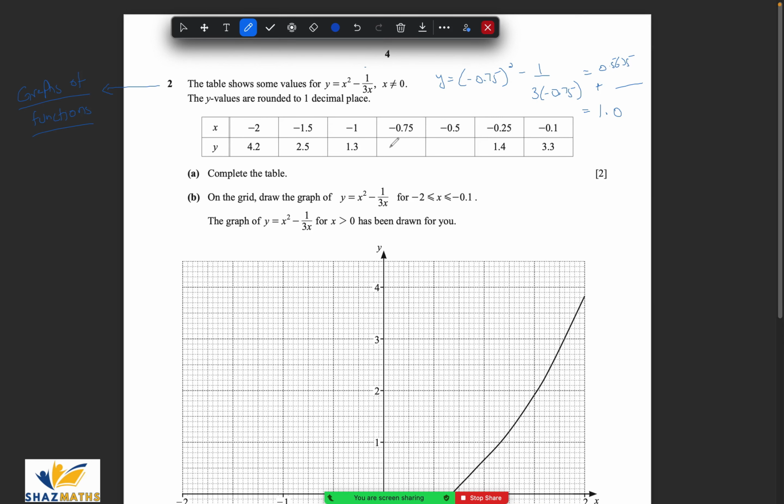Similarly, quickly calculate it at negative 0.5 as well, so it would be 0.25 plus 1 over 3 times 0.5 is 1.5, so plus 1 over 1.5, and that is 0.9167. We have to calculate it correct to one decimal place, so it would be 0.9.